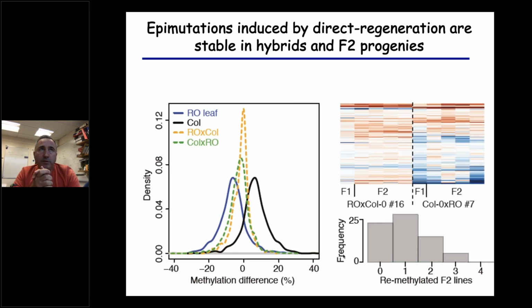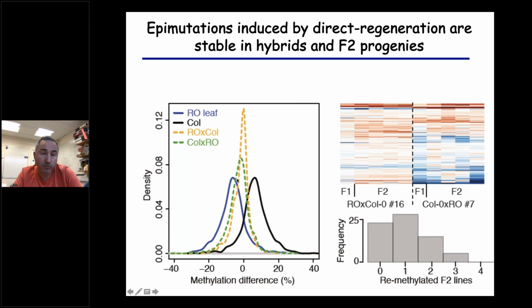So we have plants that have somehow inherited these epigenetic marks. Are these marks stable across generations? The answer is yes, because we can propagate them just by selfing over multiple generations. But to test if these are really robust, what we have done is generate reciprocal crosses between Columbia that has not been regenerated and plants that came from roots.